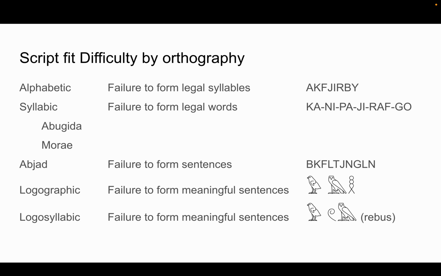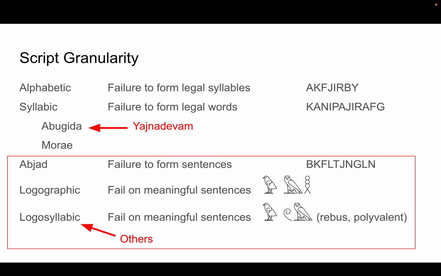So in this example, I could take the quail and the owl and create quill and claim that I have read it. This is essentially where most decipherments of the Indus script try to focus, logosyllabic, because this has the highest chances of getting a fit, being able to read something meaningful.